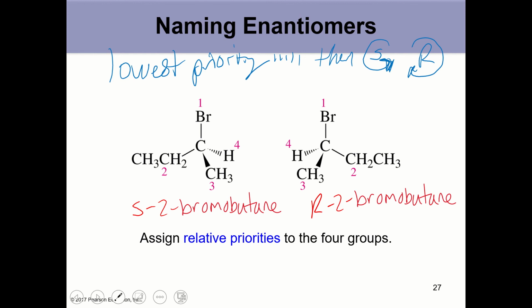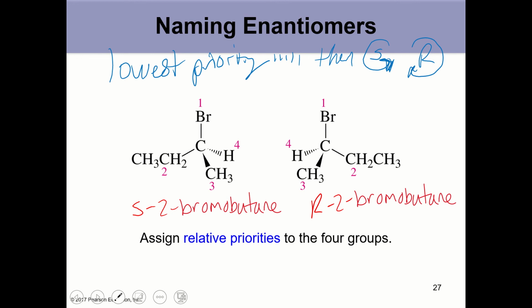Naming enantiomers. We know that enantiomers are a pair of two unique isomers that are non-superimposable mirror images. So we have to have a way of distinguishing them by name because they are not the same thing. The way that we differentiate enantiomers by name is to determine the direction in which we go from highest priority to lowest priority group.